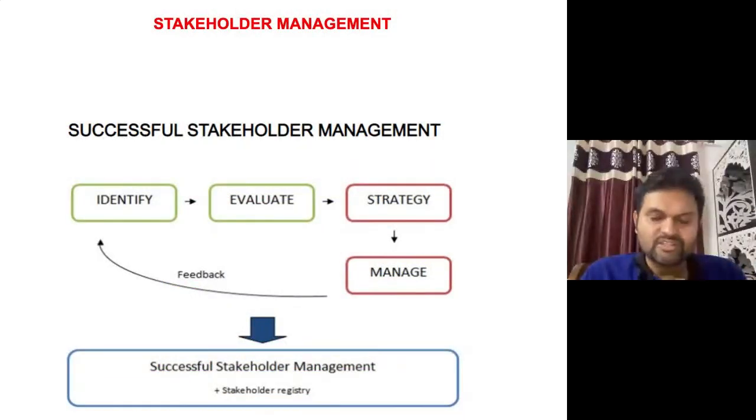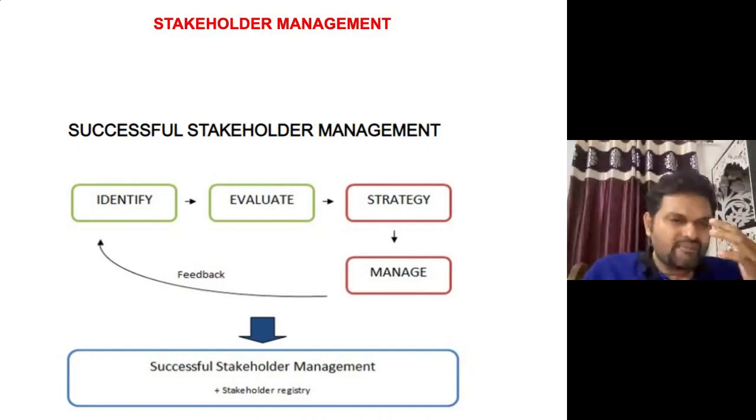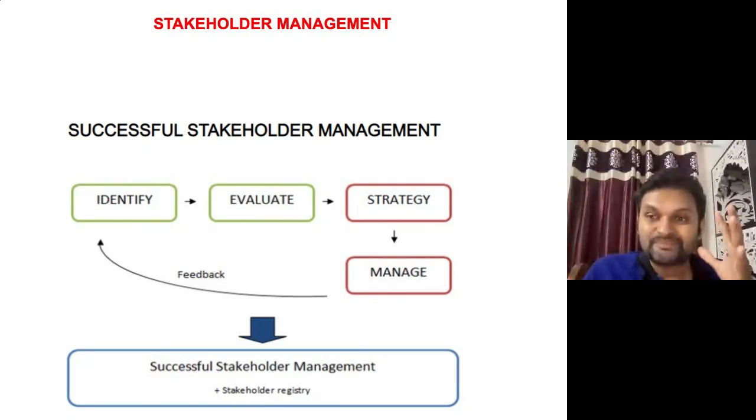Okay, so now let's see it in a nutshell before starting with the bits and bytes of stakeholder management. If I need to make my stakeholder identification and management appropriately good, how do things flow in my project management? The first thing I'm going to do is identify who all are the stakeholders of your project. Then evaluate them.